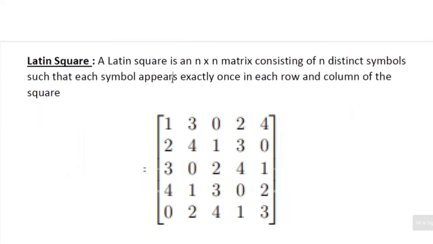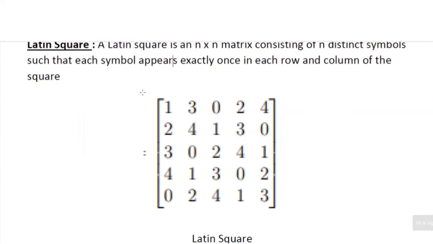What a Sudoku puzzle involves is that we have to fill the numbers 1 to 9 in the grid in such a way that each of those symbols appears exactly once in each of the rows and columns. So a solution of a Sudoku puzzle is an example of a Latin square.